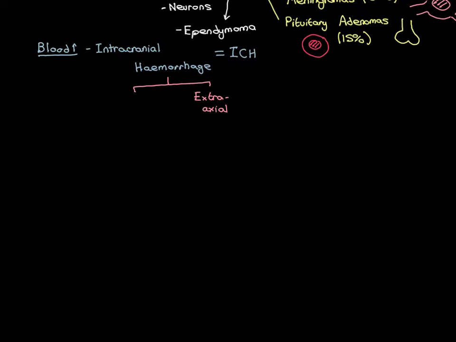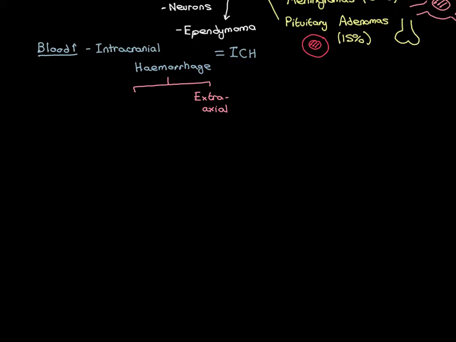Now, extra-axial actually refers to any blood vessel that is outside of the brain, i.e. in the meninges, so it also includes those meningeal arteries that we discussed earlier on, before we discussed the extra-axial brain arteries, that were, remember, in the outer meningeal layers, so in the dura mater and the arachnoid mater.